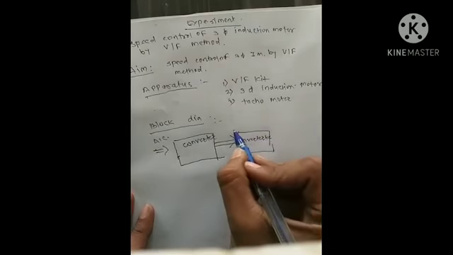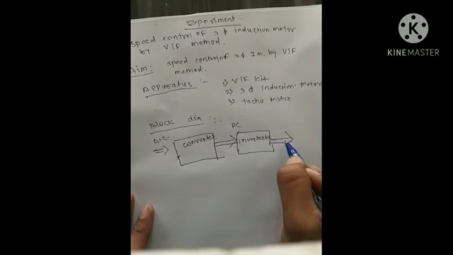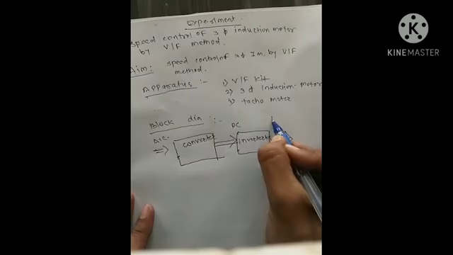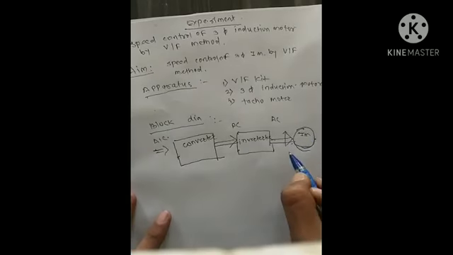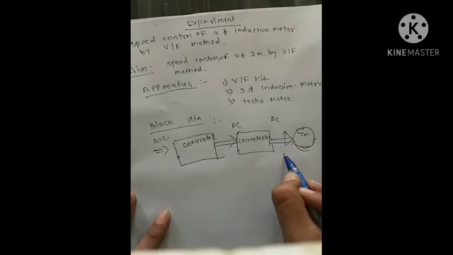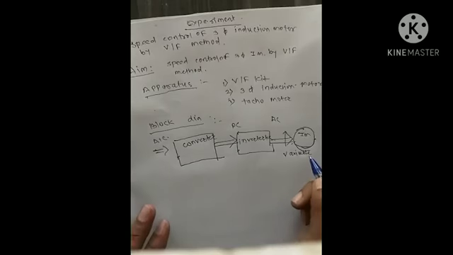It is a variable DC input to the inverter, and finally this inverter converts DC into AC again, and this AC input is finally given to the induction motor. And the voltage and frequency are variable here.